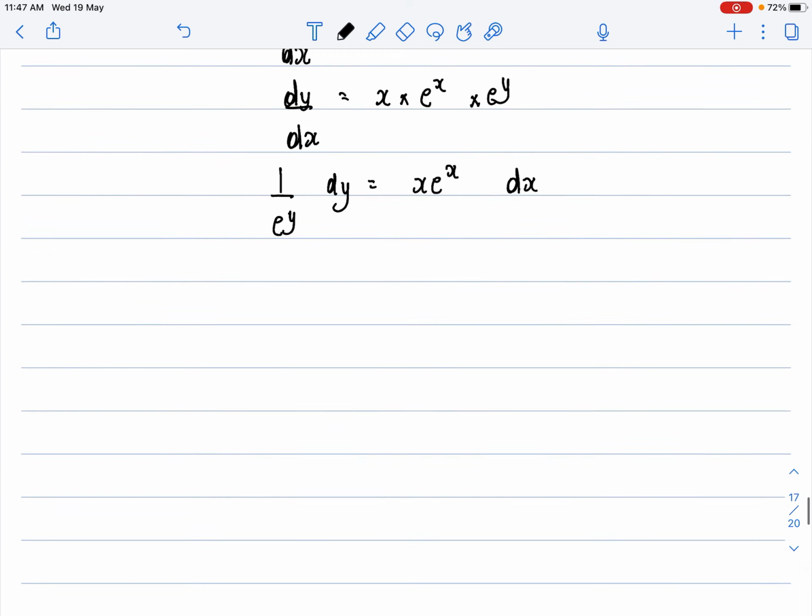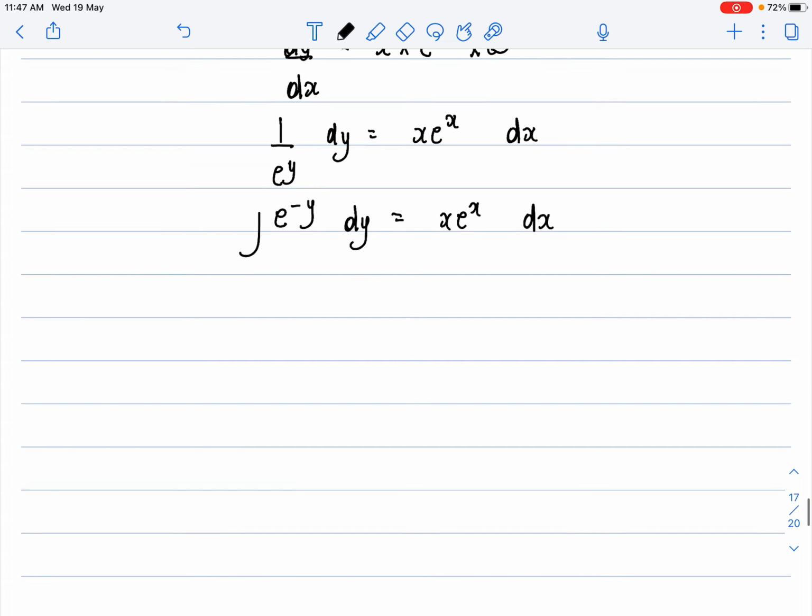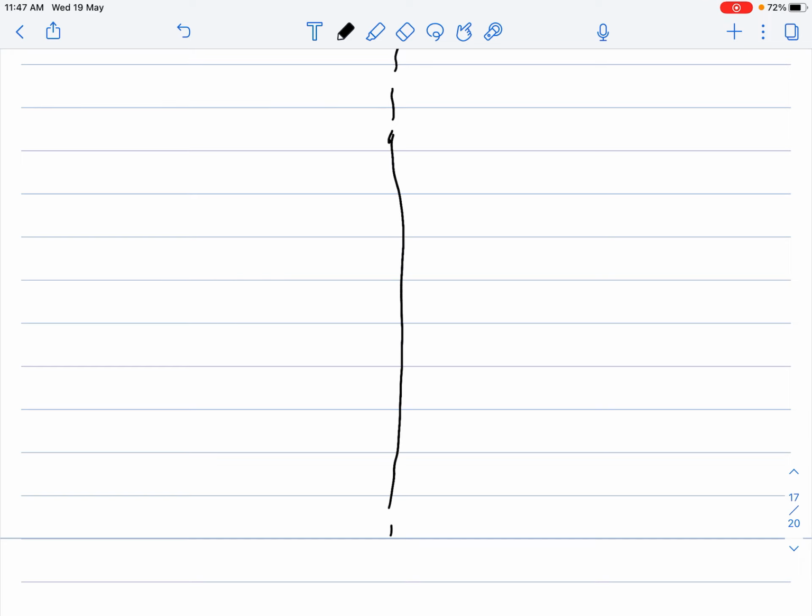So I have written it in the variable separable form. So now I can write this as e raised to minus y dy equals x into e raised to x dx. Okay, so now I basically integrate both sides.